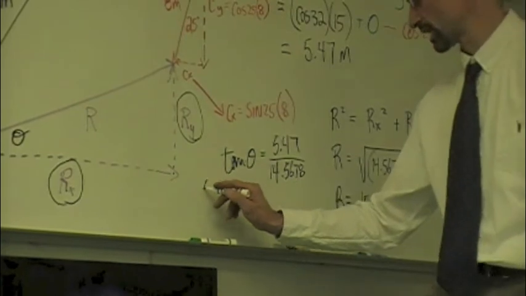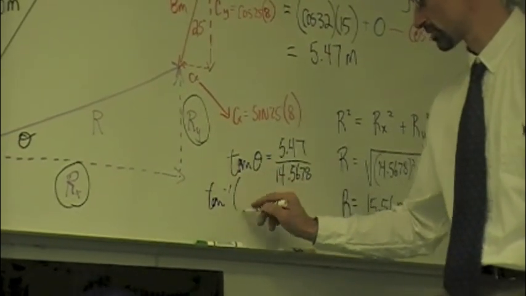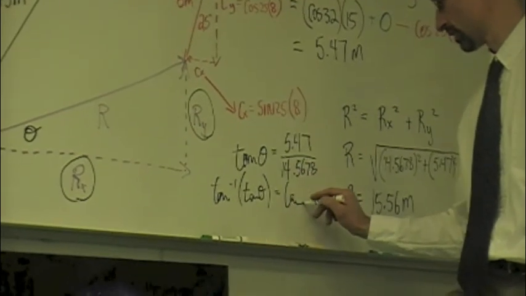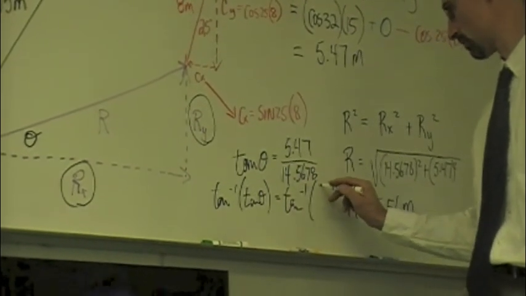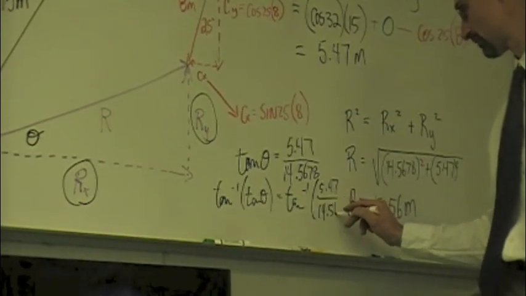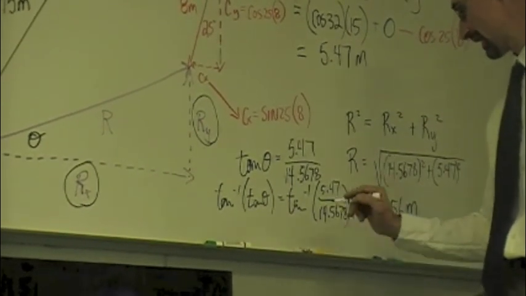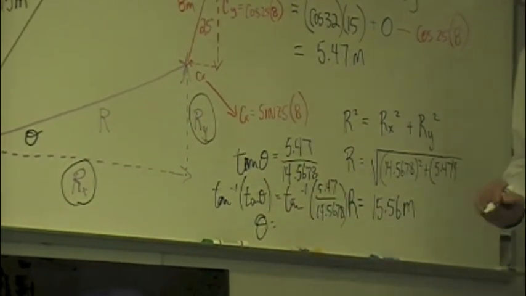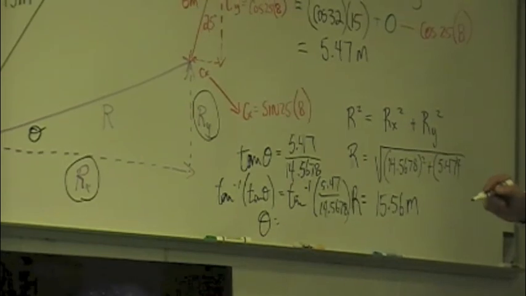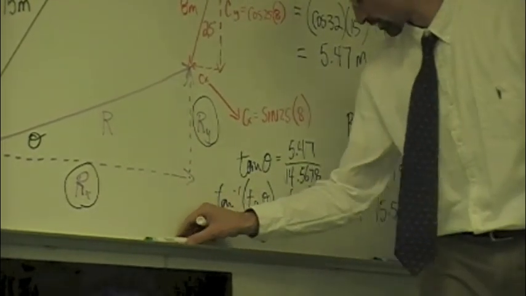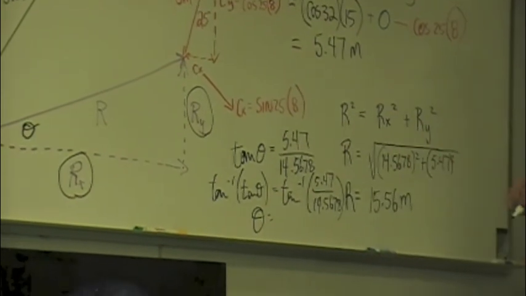In order to solve that, we're going to take the inverse tangent of 5.47 all over 14.5678. And when we take that, we get theta equals, we're going to take the inverse tangent of that.